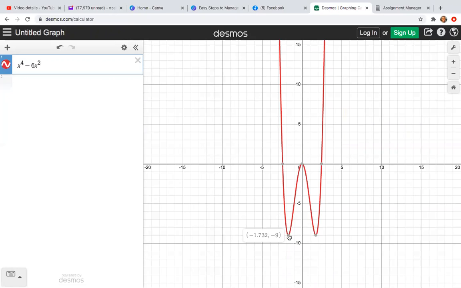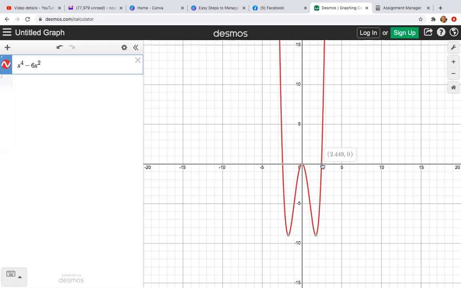I like using the Desmos emulator because you can actually go on the calculator and the calculator will tell you exactly what the points are. That's not the same thing with your regular graphing calculator. On your regular graphing calculator, you have to use the trace feature, and most of the time it's not very accurate. This one is way more accurate, okay? Now, additionally, if I go to the x-axis, guys, those are the x-intercepts.